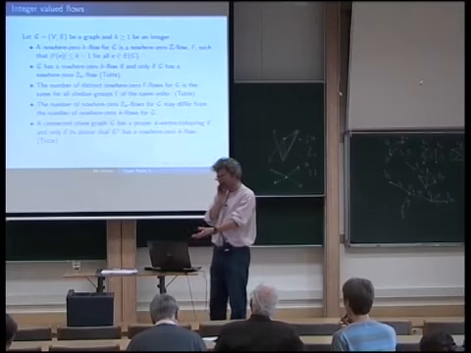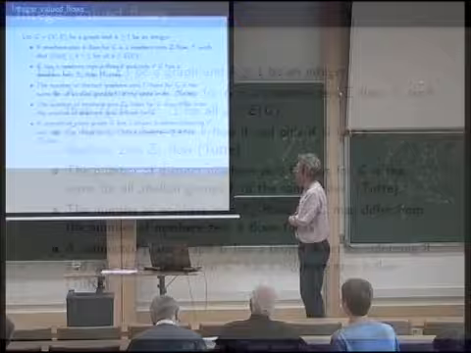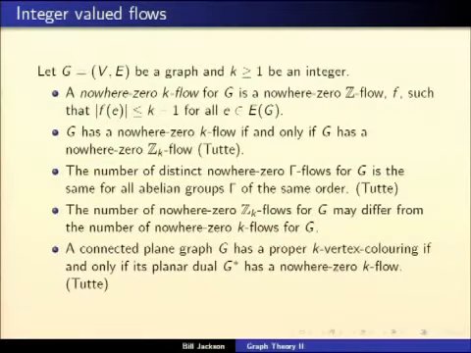So the idea of nowhere zero flows is again due to Tutte. His motivation was that for planar graphs, it's dual to the idea of a proper k-vertex coloring. For a planar graph, the original graph can be properly k-vertex colored if and only if its dual has a nowhere zero k-flow.